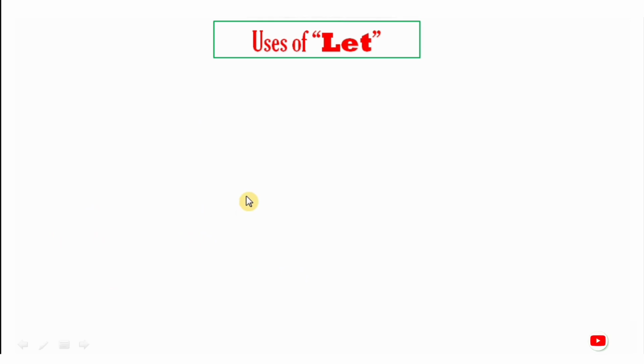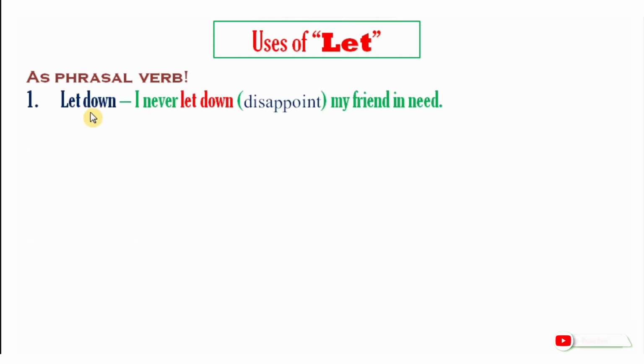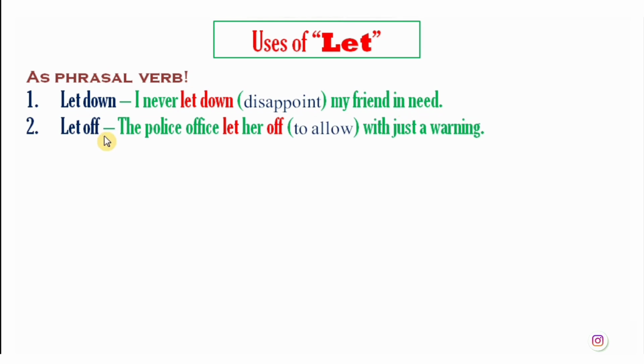Dear students, let can be used as a phrasal verb. Just like let down. I never let down my friend in need. Let down means disappointment. Let off, the police officer let her off with just a warning.